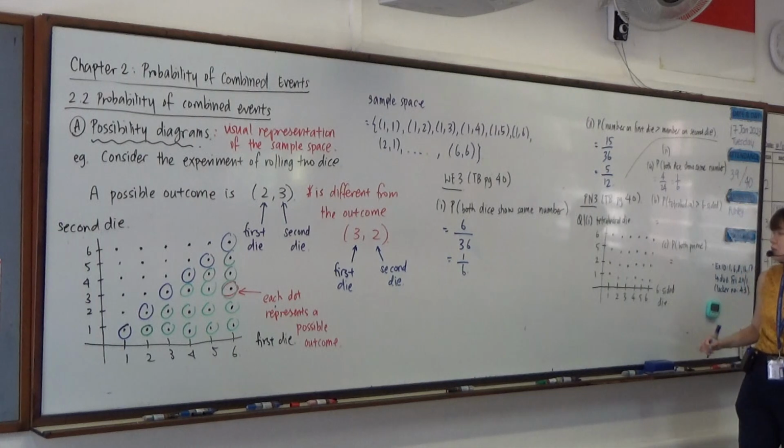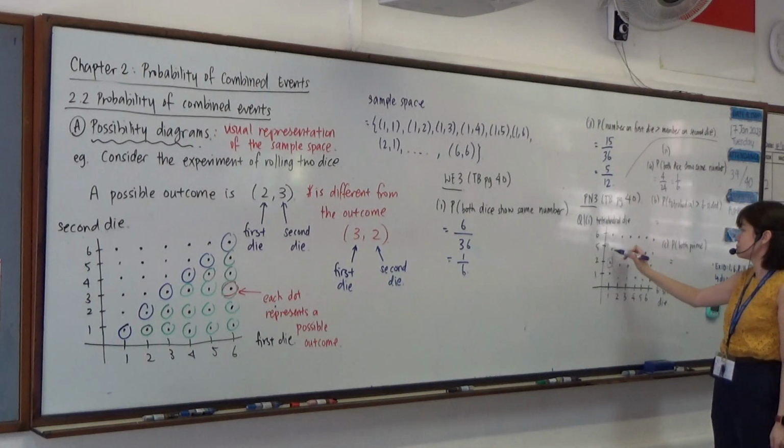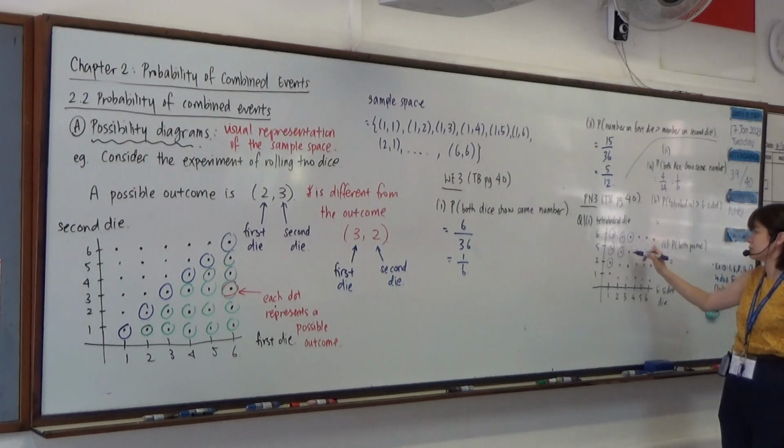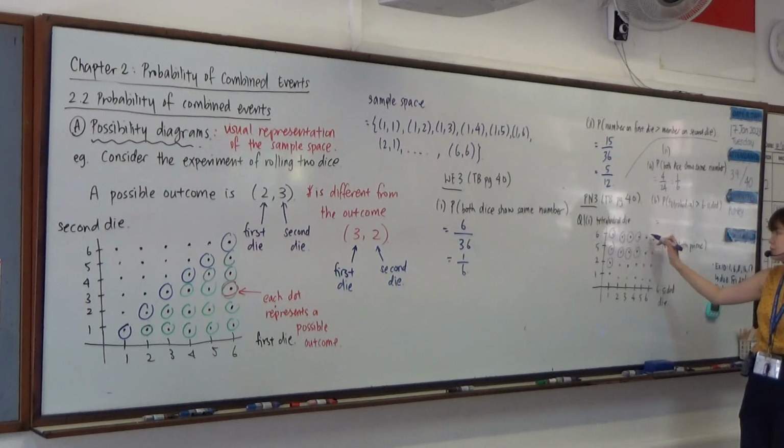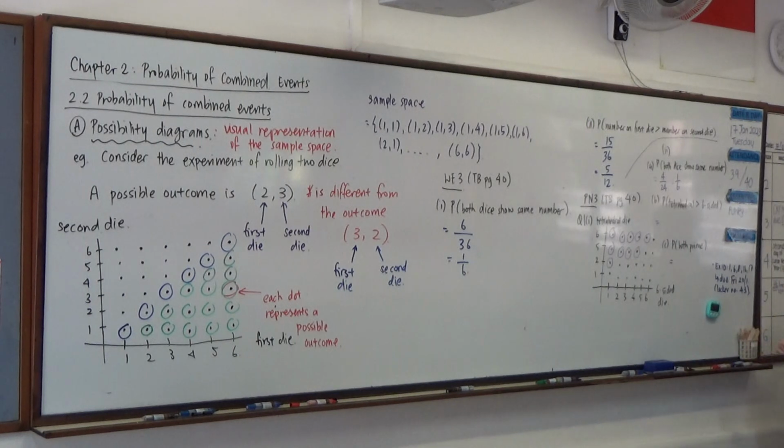You count now. Okay, so the circled ones are 10 in total, so 10 out of 24 dots. So that simplifies to 5/12 as our answer.